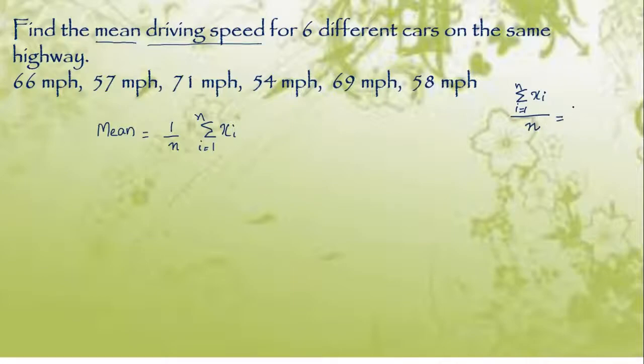It is the same as 1 by n sigma i from 1 to n xi. Here in this question, what is n? n means 1, 2, 3, 4, 5, 6. We are considering the speed of 6 cars. So n is equal to 6 and all these are our xi's, x1, x2, x3, x4, x5 and x6.